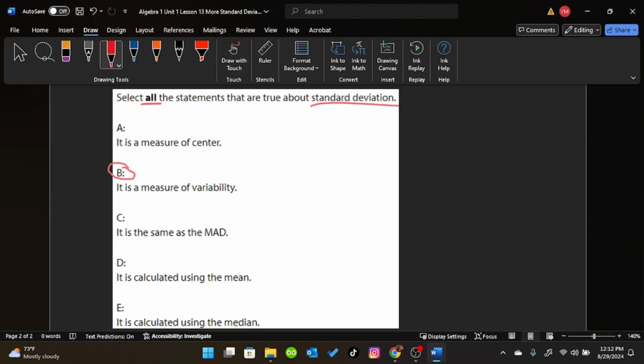D says it is calculated using the mean, and E says it is calculated using the median. The standard deviation is always calculated using the mean. So the mean is always paired with the mean absolute deviation or the standard deviation. Median will be paired with the interquartile range.